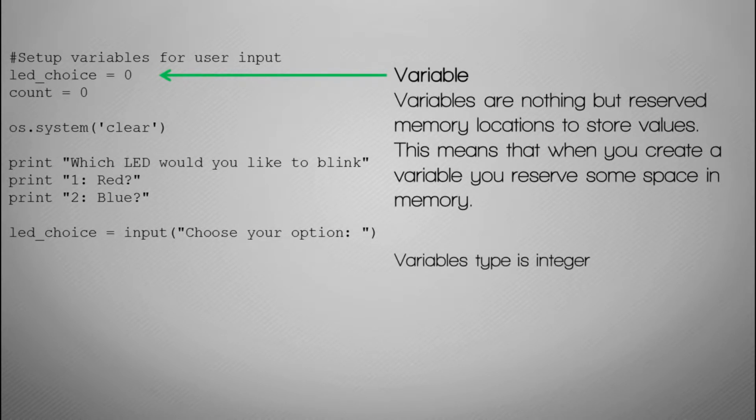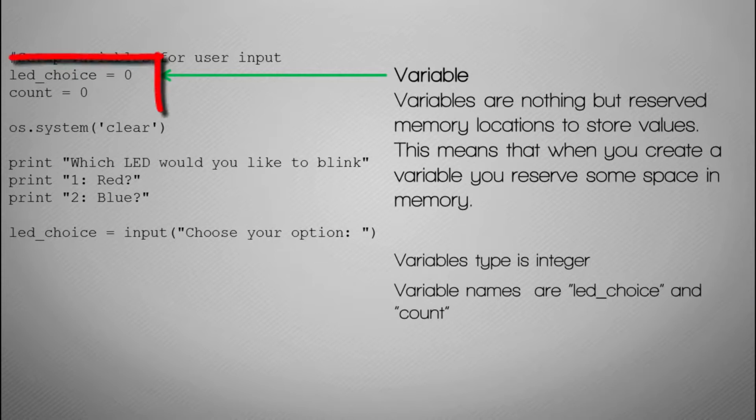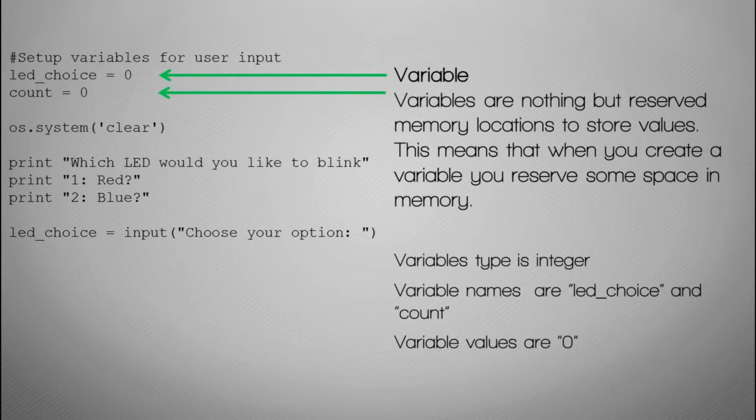And when we store the number 0, we call it an integer. Letters and numbers together would be classified as a string, but numbers are called integers. The two variables we have here are LED choice and count, and the value in both of these is the number 0. So there are our two choices.